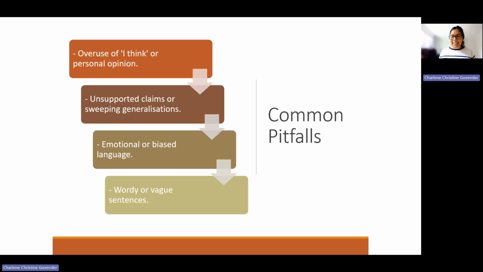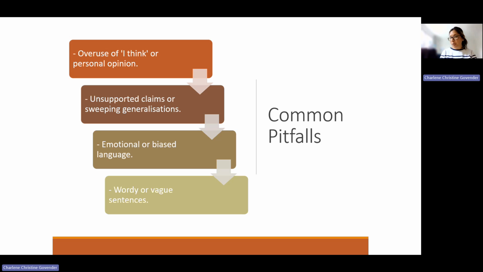Emotional or biased language. Now, let's say it's a very controversial subject that you are asked to research, and it doesn't bring up the most positive emotions, or it does bring up really positive emotions. And you want the person reading to understand that you really feel strongly about this, okay? Now, when you think about academic writing, you leave your emotions at the door, okay?